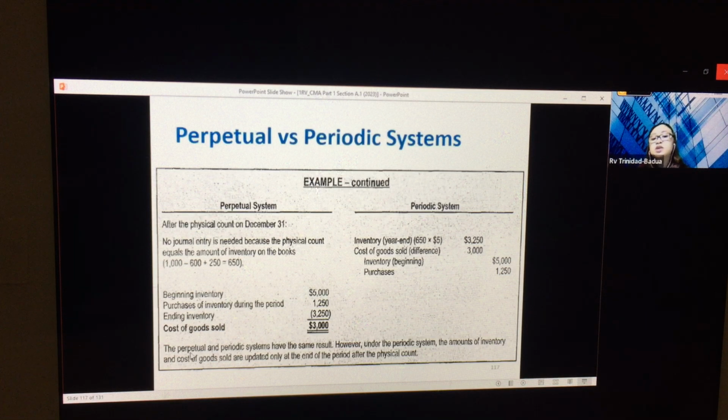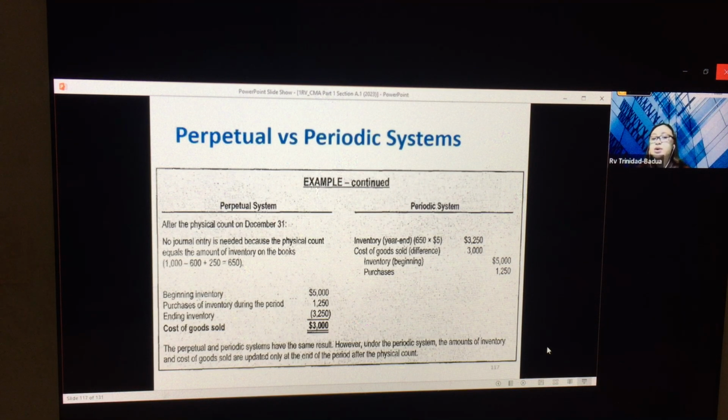So take note that the perpetual and periodic systems will have the same results. However, under the periodic system, the amounts of inventory and cost of goods sold are updated only at the end of the period after the physical count. Only here did we see that our cost of goods sold is 3,000, in comparison to the perpetual system, where upon the sale you record and update the cost of goods sold in your inventory account.